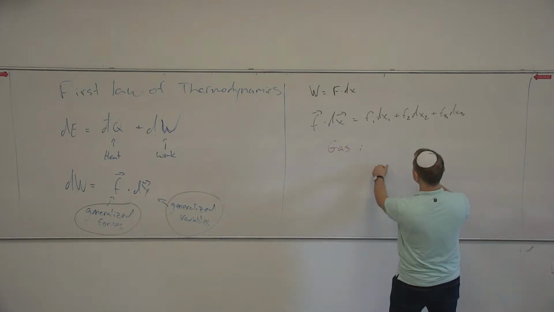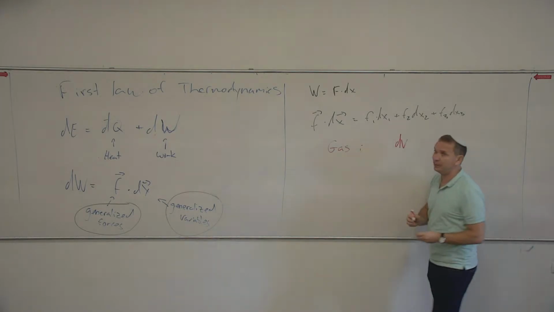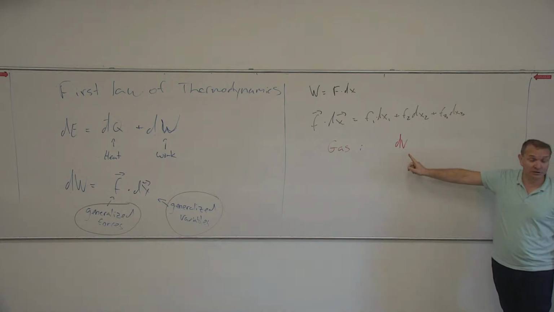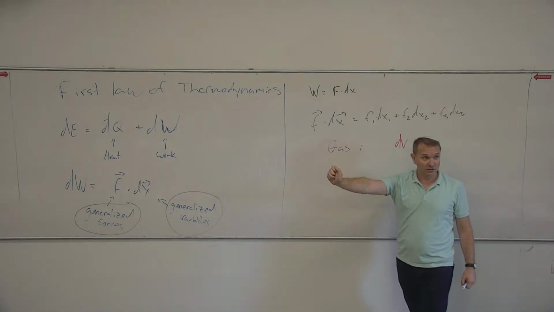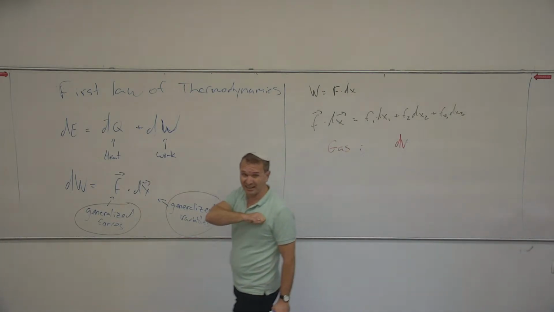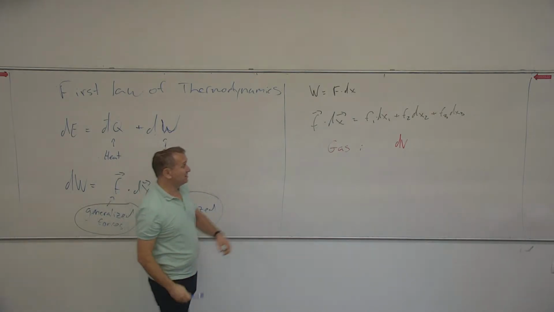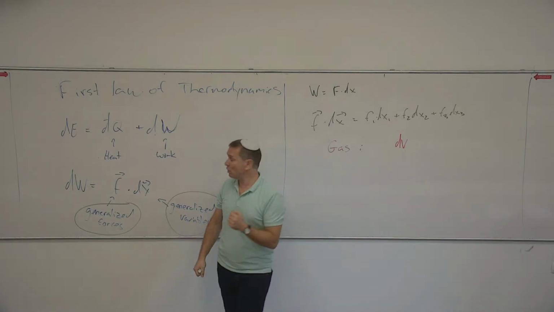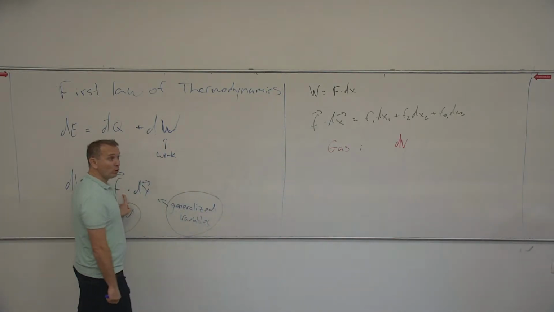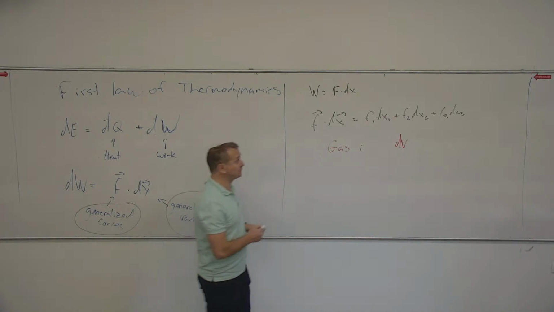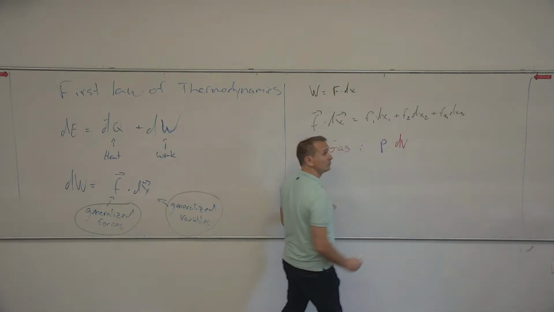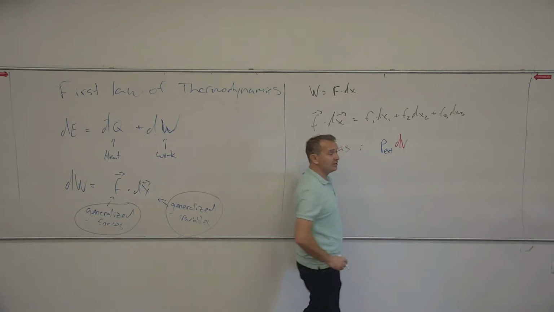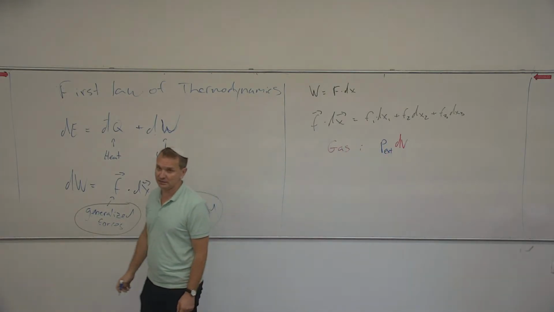So dx1 is going to be dV. This is our generalized variable. It's not a position along axis x or y, it's just the volume of the gas. What is going to be the force? The force is going to be pressure, and not just the pressure, it's the external pressure that I exert on the gas.